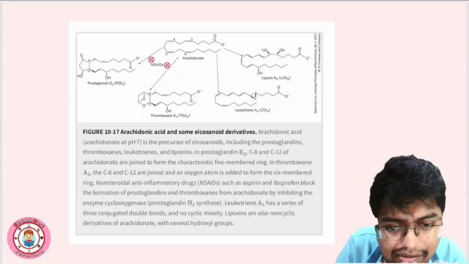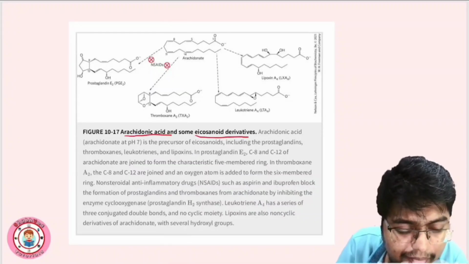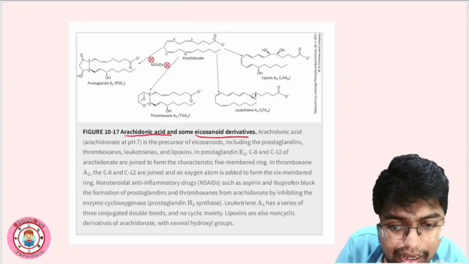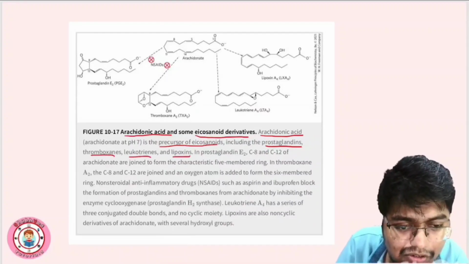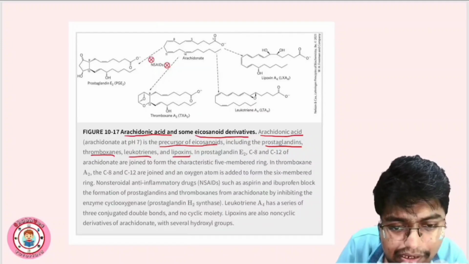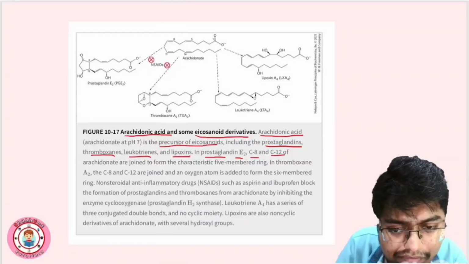So you can see these are the arachidonic acid and some eicosanoid derivatives. Arachidonic acid is a precursor of eicosanoids, including the prostaglandins, thromboxanes, leukotrienes, and lipoxins. तो इसका precursor है arachidonic acid. In prostaglandin E2, C8 and C12 of arachidonate are joined to form a characteristic 5-membered ring.